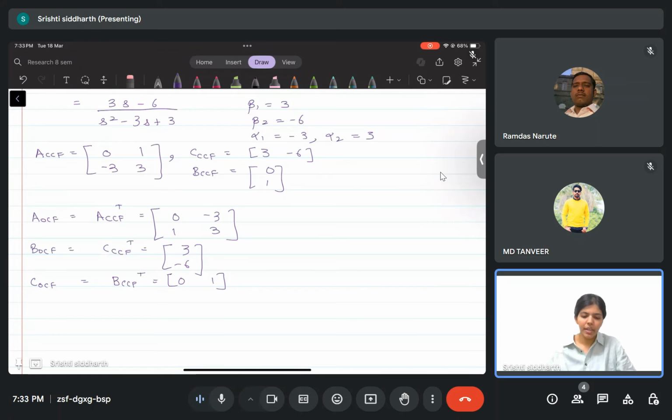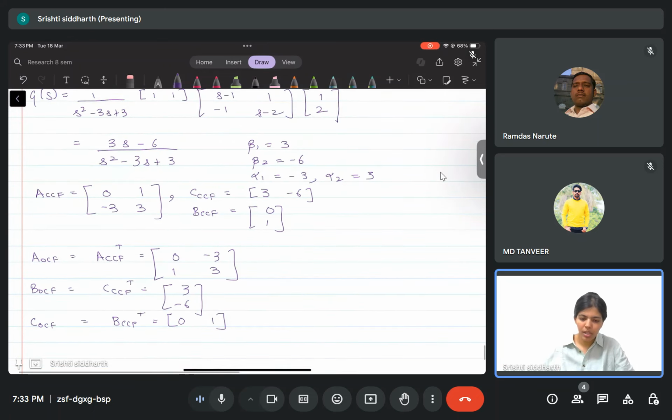So for any given LTI system, you can compute the transfer function, and then you can compute the controllable canonical form, and finally get the observable canonical.